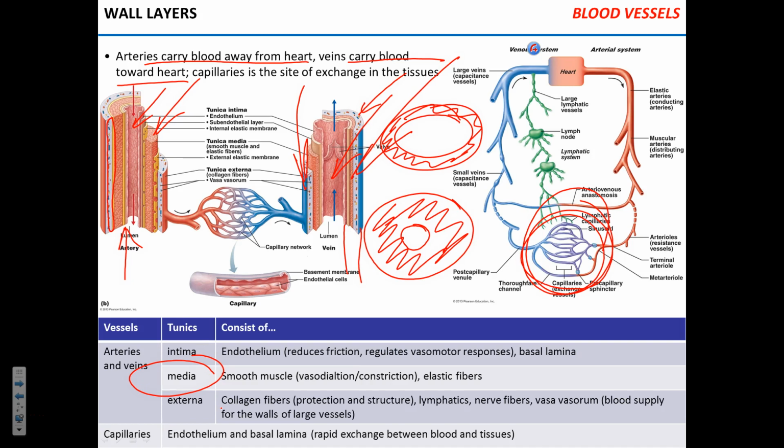And importantly, we'll get there, but if you think about the flow, as we discussed, arterial flow is fast and high pressure, venular flow is slow and low pressure. Probably those mechanical differences change the nature.